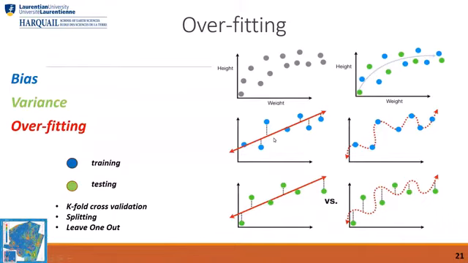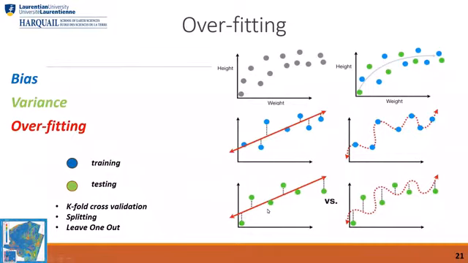Then we have to fit two different types of models to the training data set: a really simple model, which is a straight line, and a complex and complicated model. Then we have two definitions here. The first definition is bias, which is the ability of the model to predict the data set it has been trained with, or the training data.